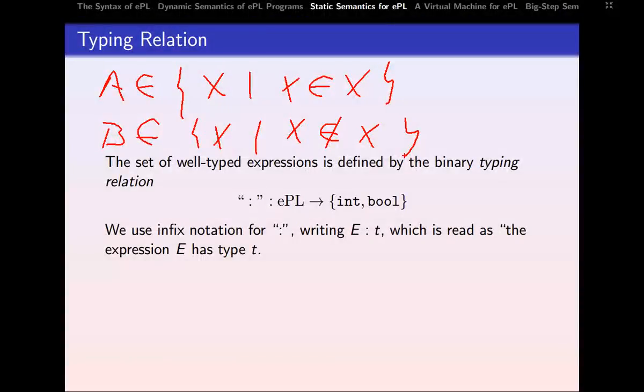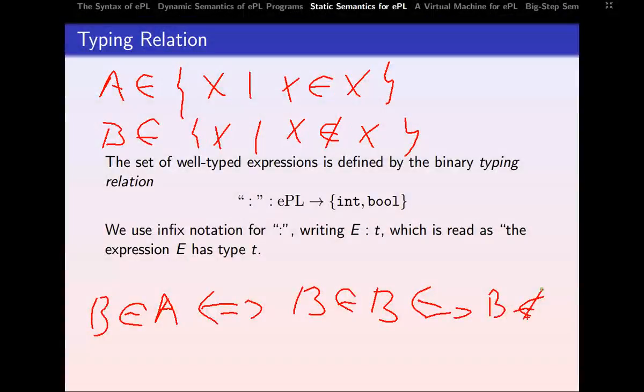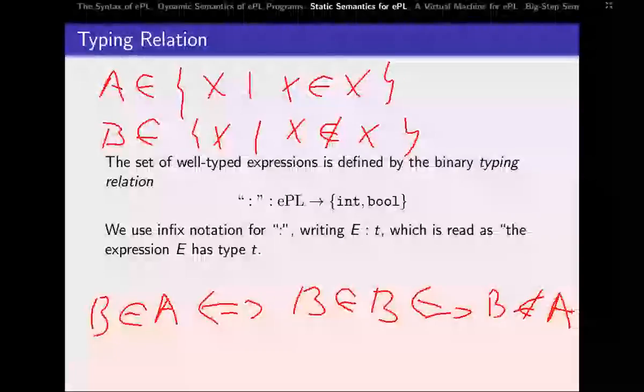In A or in B? Well, let's assume that B is in A. By the definition, B is in B. And because B and A are disjoint, that's the paradox.